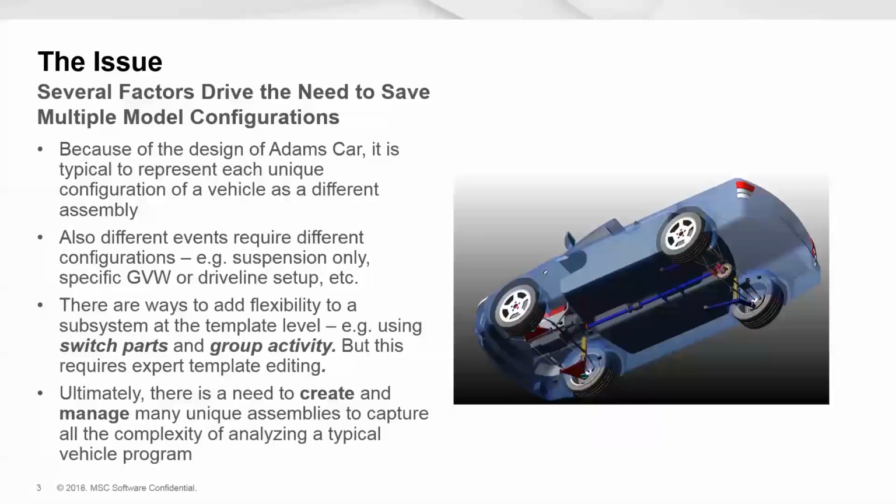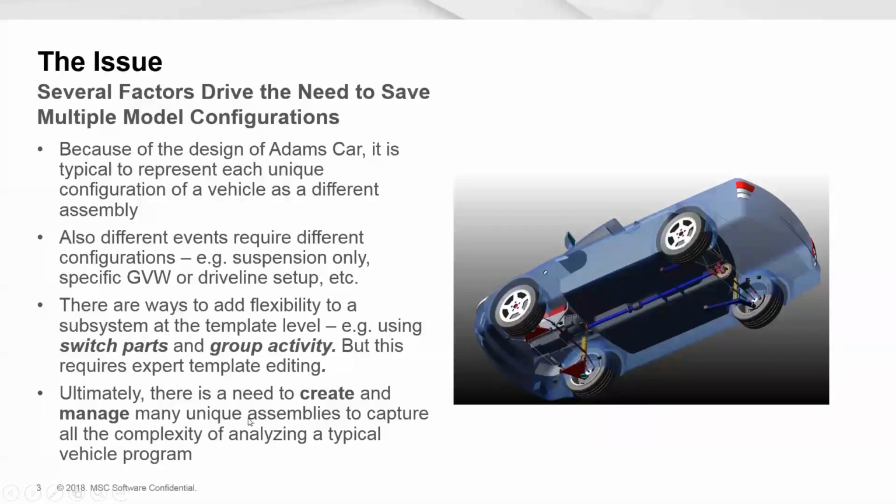These are going to drive the need to save multiple model configurations in your Adams Car databases. Because of the design of Adams Car, it's typical to represent each unique configuration of a vehicle as a separate assembly.